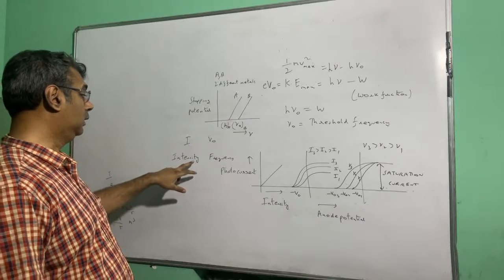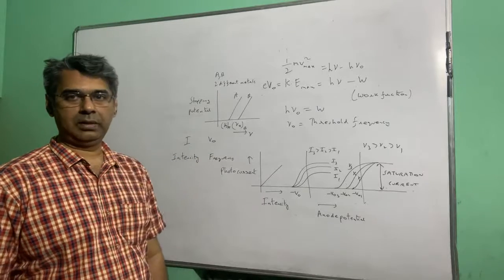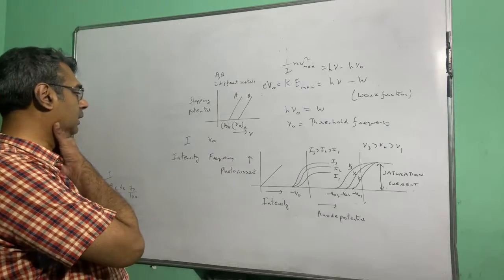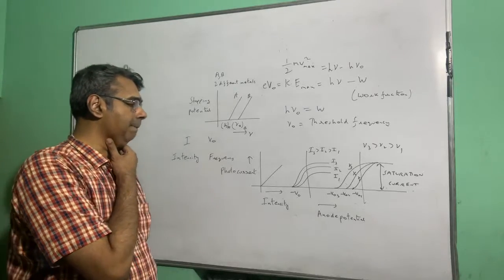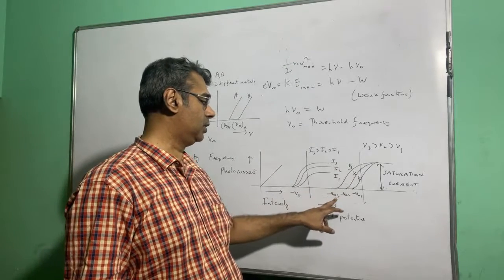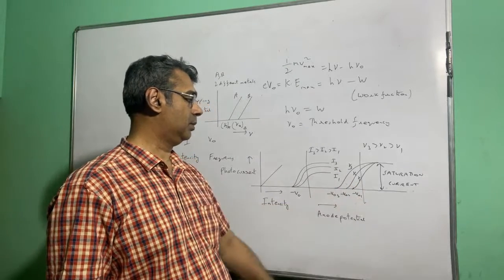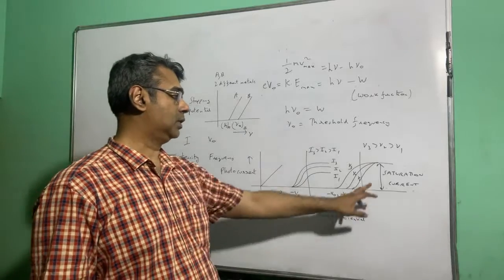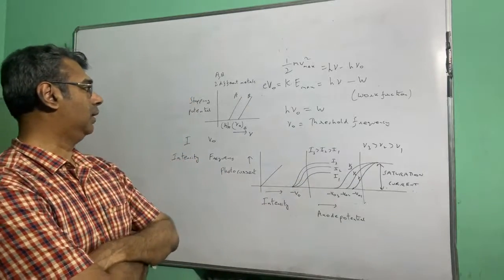Stopping potential depends on frequency but doesn't depend on intensity. So here you can see that when the frequency is nu3, stopping potential is V03, when frequency is nu1, stopping potential is V01, but the saturation current is the same for all.